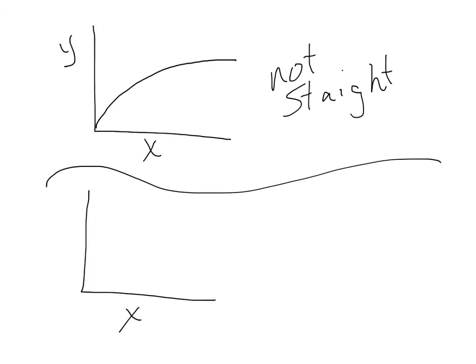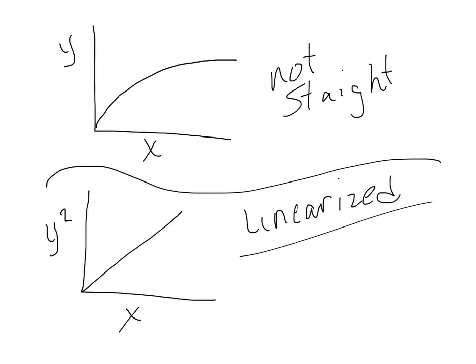You'll do nothing to it. You will change your y, and that will give you your straight line. So y squared versus x is the linearization process for the above graph. It's now linearized. So now we can find the slope of the line and information about that graph.